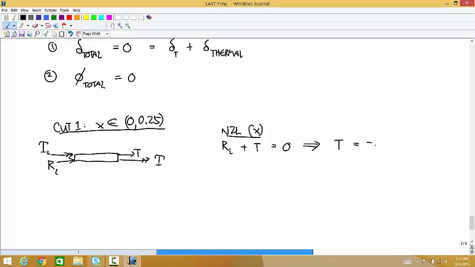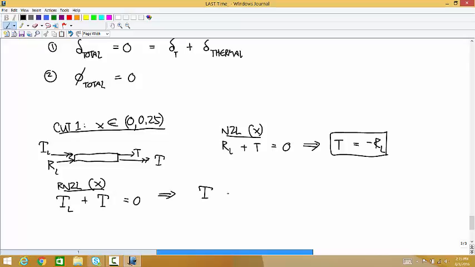So T is equal to negative RL. And then the moment equation about the x-axis says fancy TL plus fancy T is equal to 0. So the internal torque is equal to negative TL.